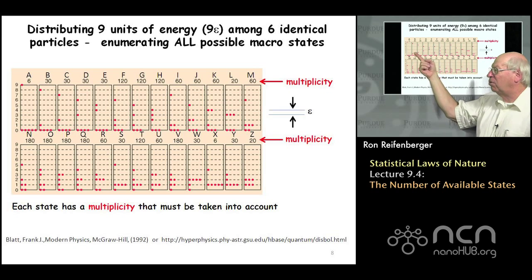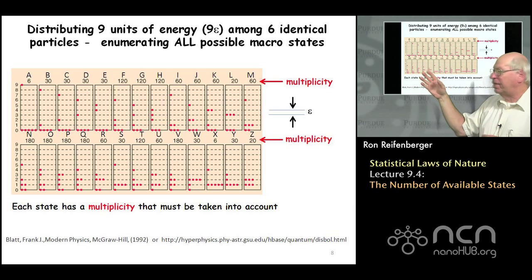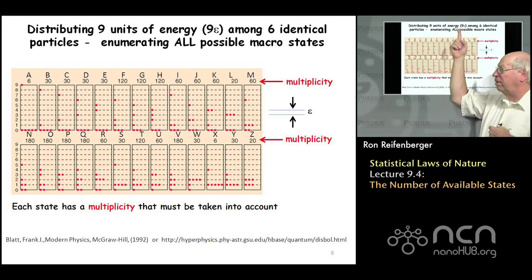So there's 30 different ways I can arrange these 6 particles so that they have this configuration. And it turns out, if you sit down and think about this problem carefully, there are 26 different states that you can achieve that all have a total energy of 9 epsilon.